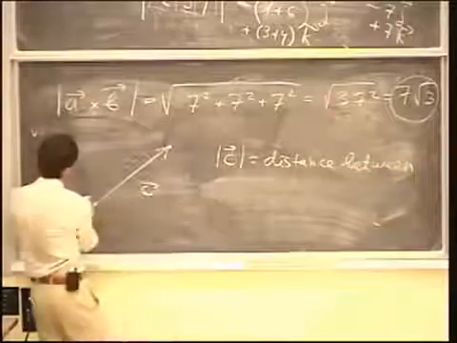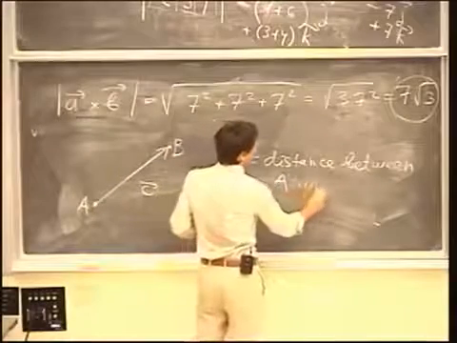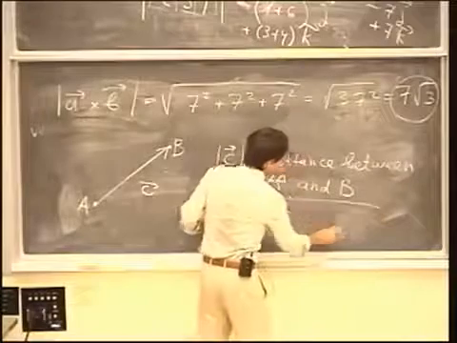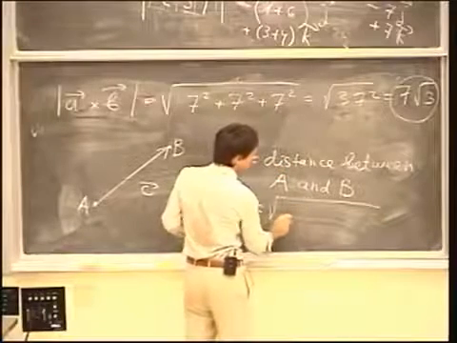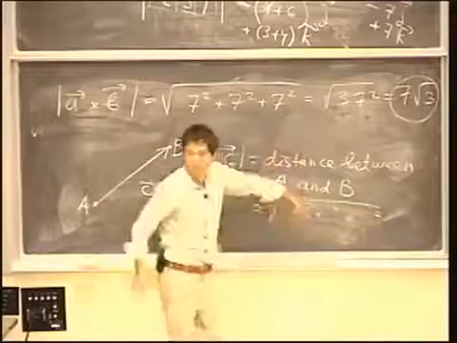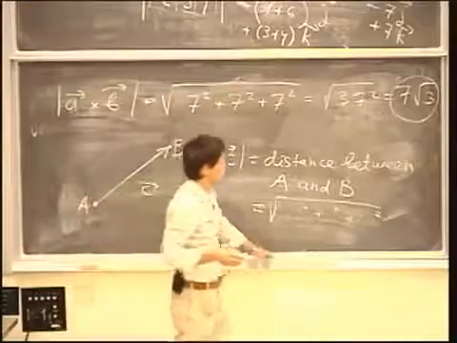So if this is point A and this is point B, it will be the distance between A and B. And so it would be equal to the square root of the squares of the differences in coordinates. All right.